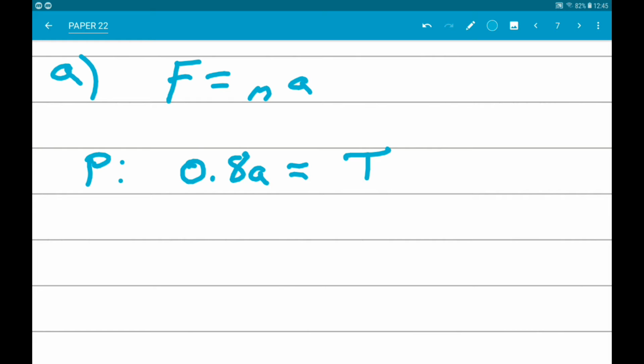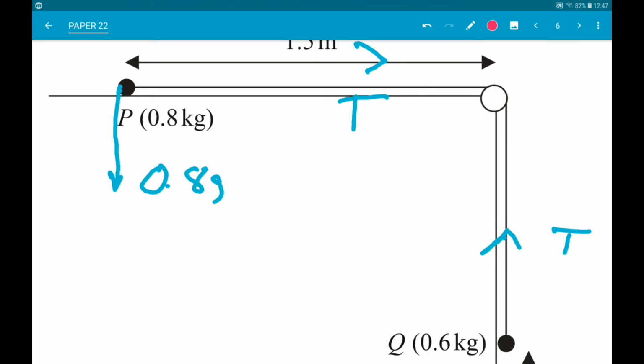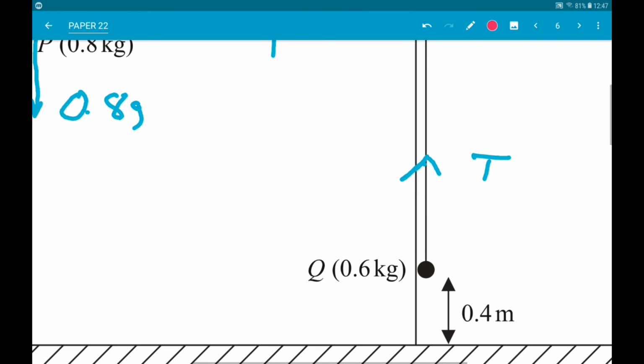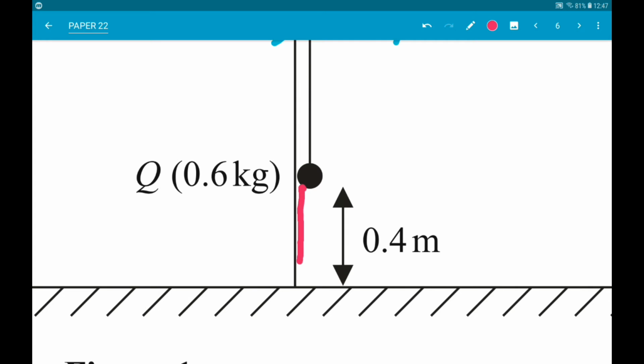Okay, now let's think about Q. We already know Q has tension trying to pull it up, but we know its weight is winning because Q descends. So Q's weight is 0.6g.